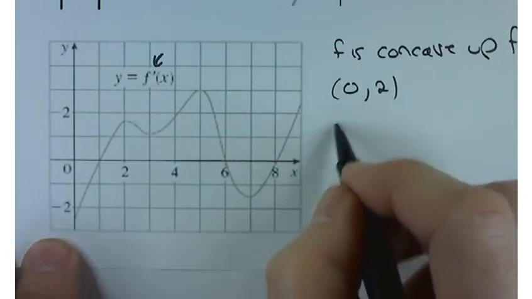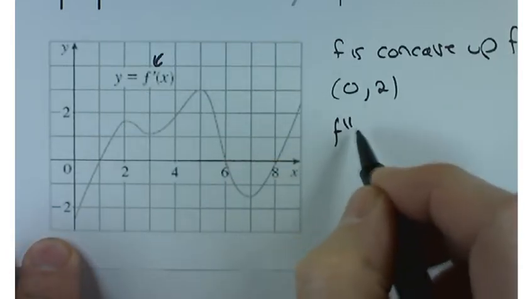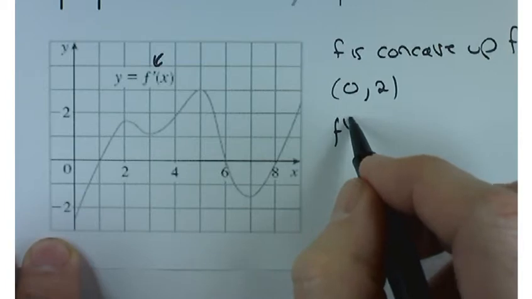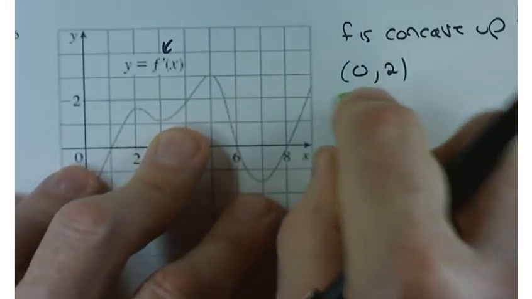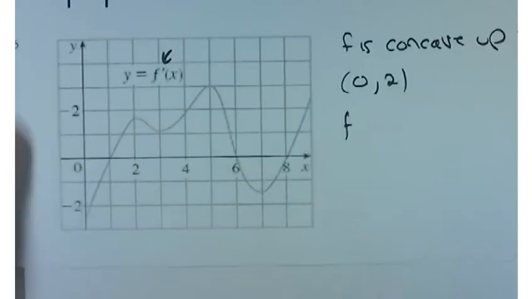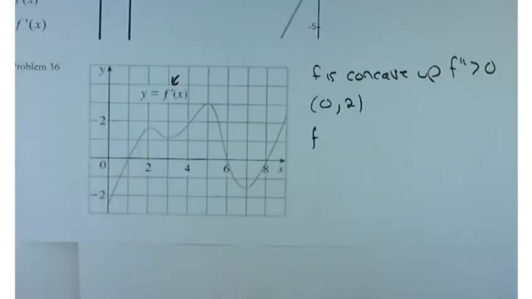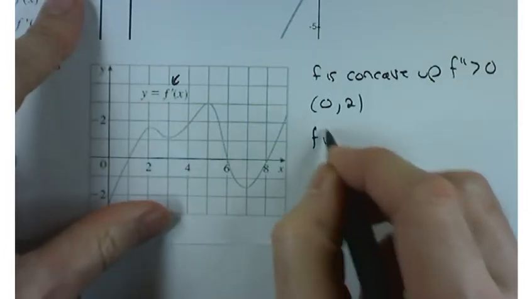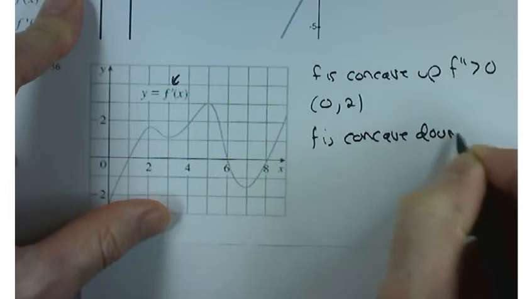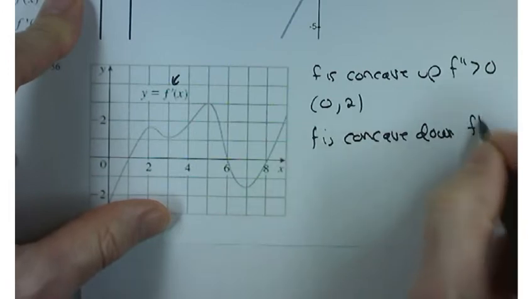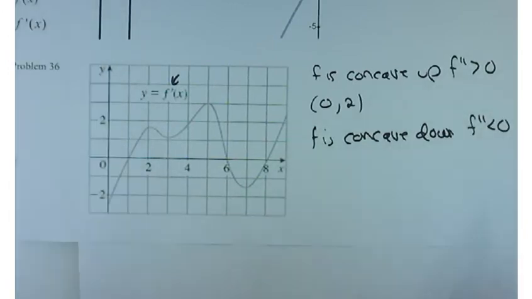Then what happens? F is concave down. So that means f double prime is less than 0.